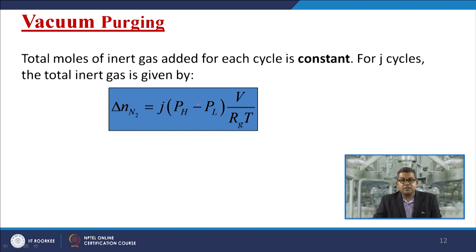T is the temperature of the system, Rg is the universal gas constant, and V is the volume. In this way you can calculate how many cycles are required, and how many moles of inert are needed to inert the pressure vessel system inside the reactor.